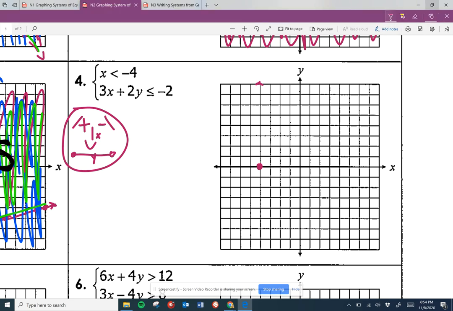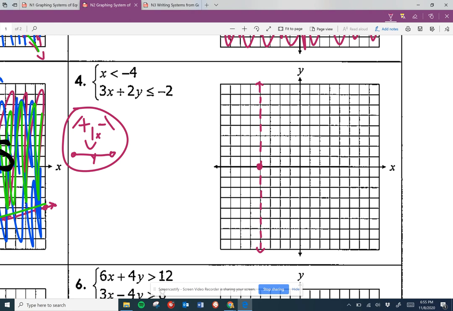Okay. Now our second line, we're going to have to solve for y. Okay. So we have 3x plus 2y is less than or equal to negative 2. We're going to subtract 3x from both sides. 2y is less than or equal to negative 3x minus 2. Divide both sides by 2.